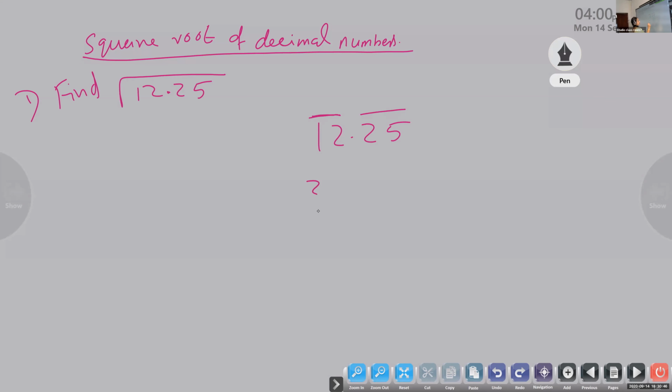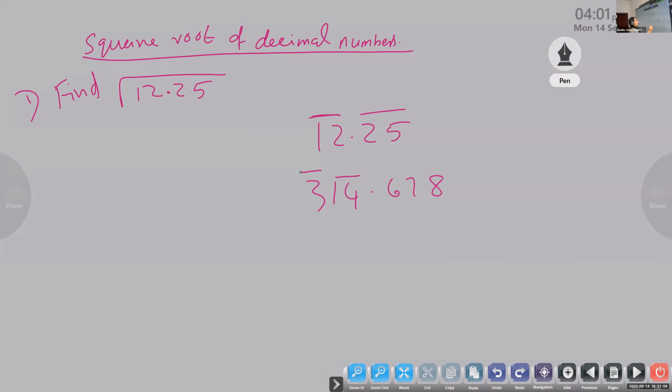I will show you. Suppose this is the number. In the integer part we put bars from right to left: 1, 4 under one bar and 3 under the next bar.